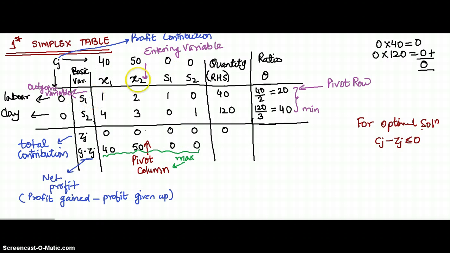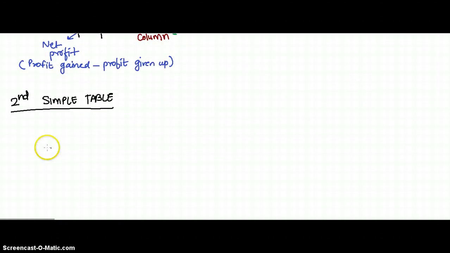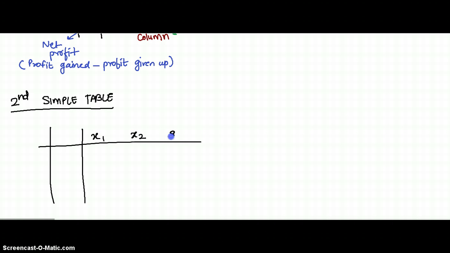In place of s1 we have x2. So let us first draw the table. Here we write down the variables x1, x2, s1, s2.